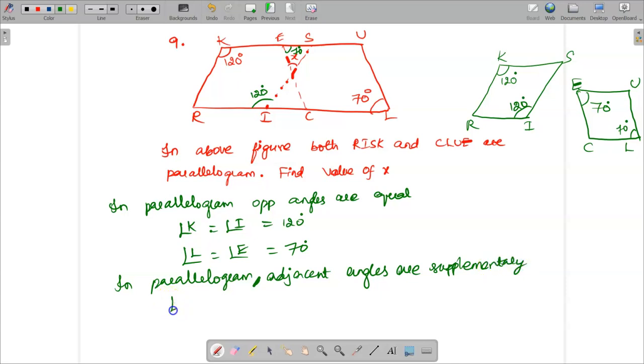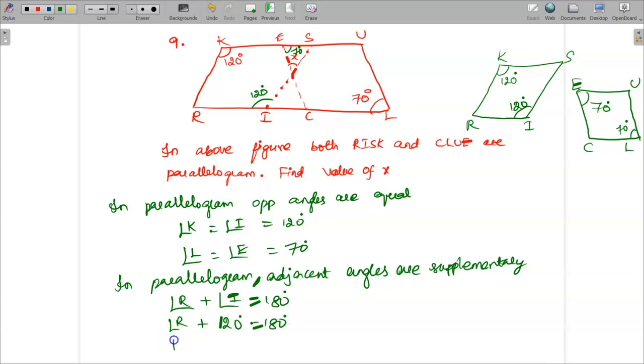Okay, so angle R plus angle I is equal to 180 degrees. So angle R I need to find out, angle I know that it is 120 degrees, which is equal to 180 degrees. So angle R is 180 minus 120 degrees, which is nothing but 60 degrees. Okay, so now you have determined that this value is 60 degrees.